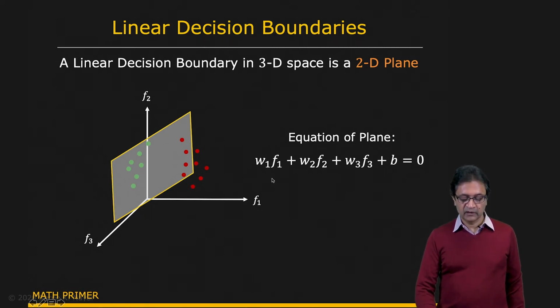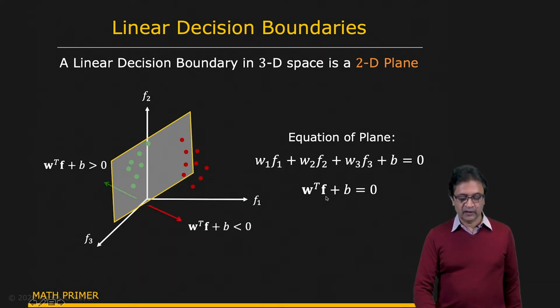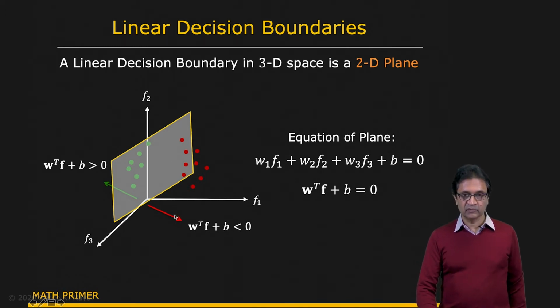Once again, you can write the equation of the plane using the same form, w transpose f plus b equal to 0. w and b describe the plane, f is the feature. Once again, you can plug an f in here, and if the left-hand side is greater than 0, then you're on this side of the plane. If it's less than 0, you're on this side of the plane, and that's all you need to do to figure out whether it's a face or not a face.